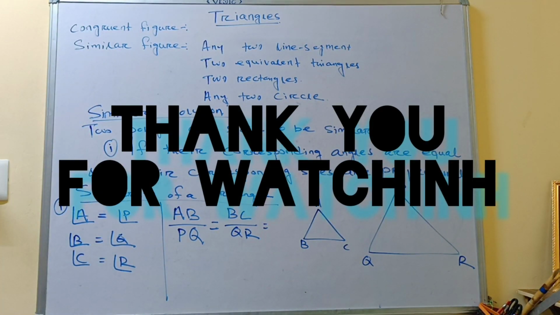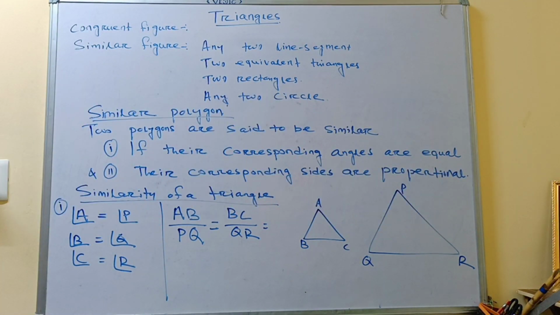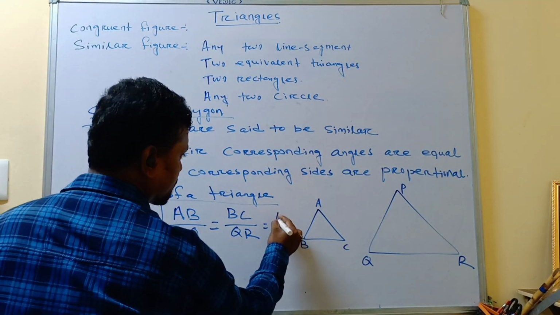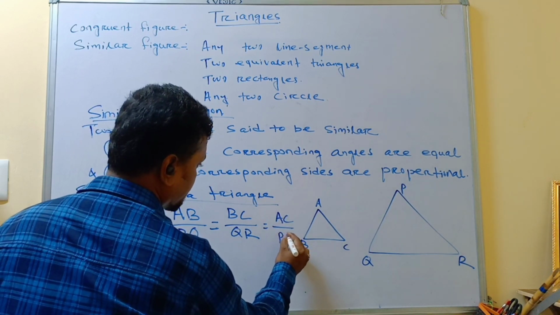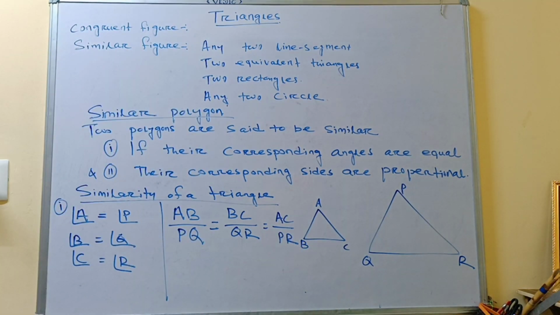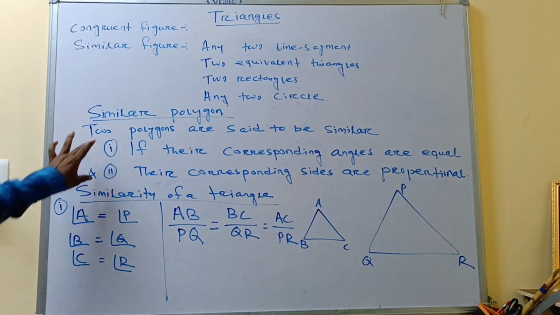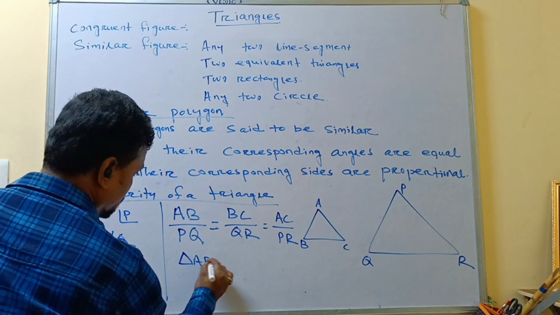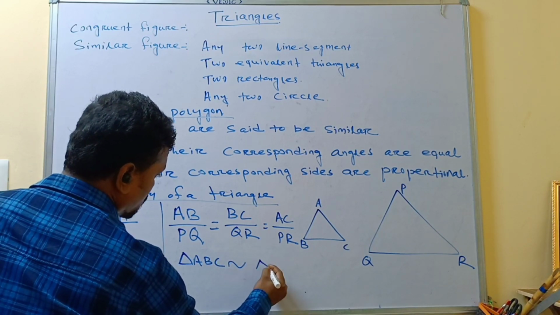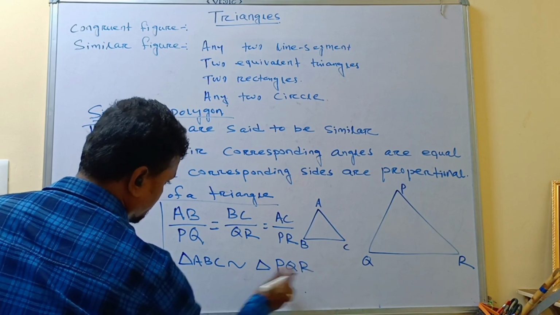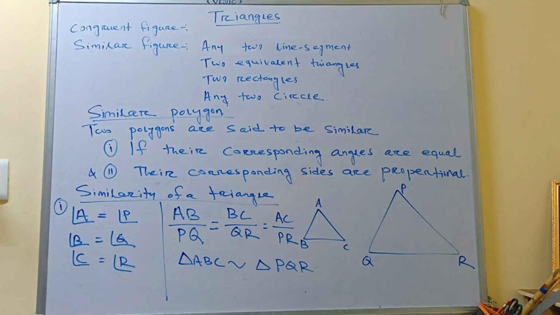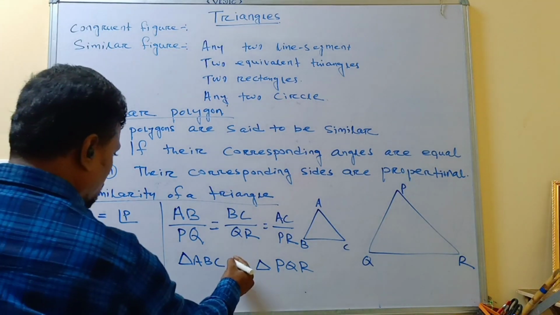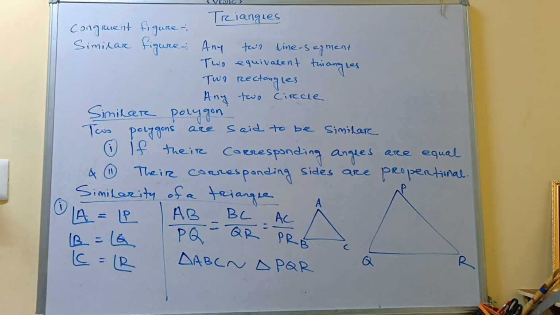Similarly, if I take AC in triangle ABC, the corresponding side in triangle PQR will be PR. If it satisfies these two criteria, then we can say that triangle ABC is similar to triangle PQR. This sign represents similar. So I hope you understand about the similarity of triangle.